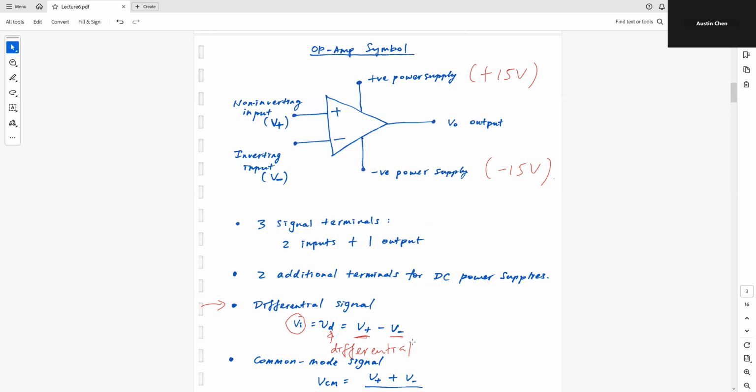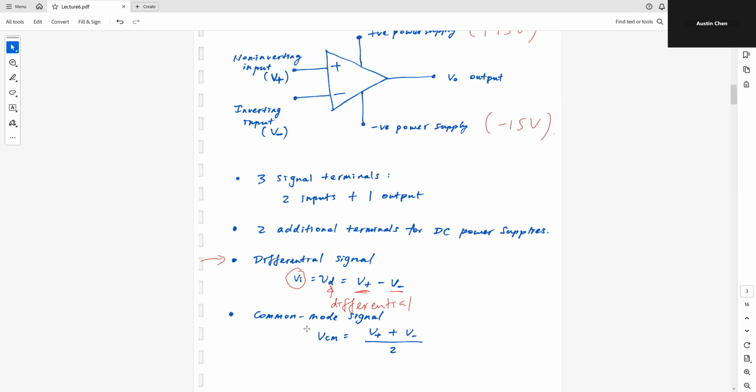Okay. There's another type of signal associated with your op-amp. This is the so-called common mode signal. Common mode signal means I apply the same signal at both of these terminals. So the so-called common mode signal, VCM, is equal to (V plus + V minus) divided by 2.